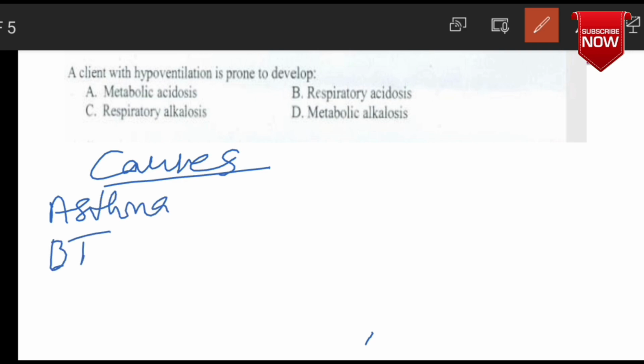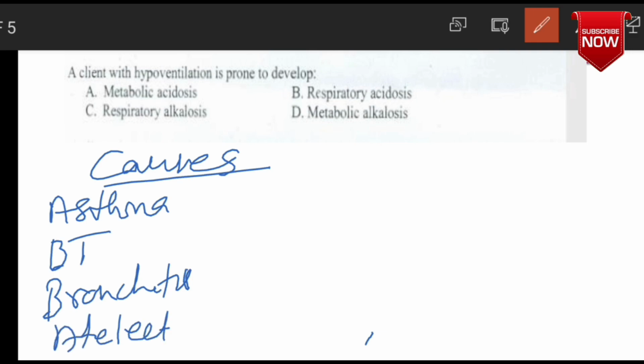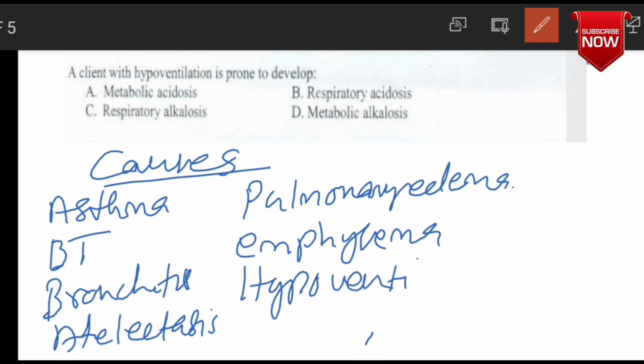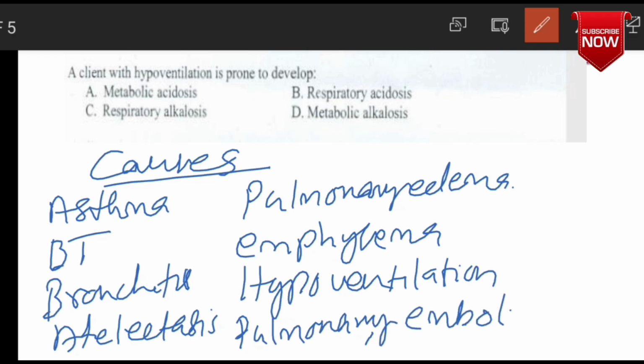Second is brain tumor, bronchitis, atelectasis, pulmonary edema, emphysema, hypoventilation, pulmonary embolism. These are the main causes of respiratory acidosis.